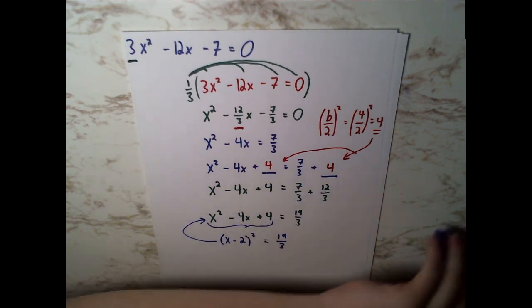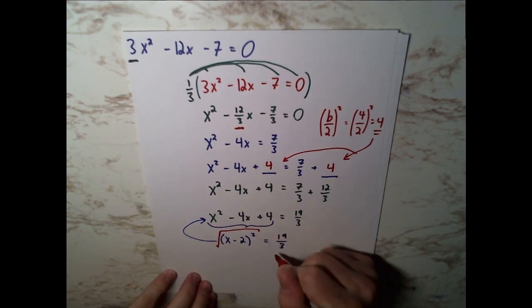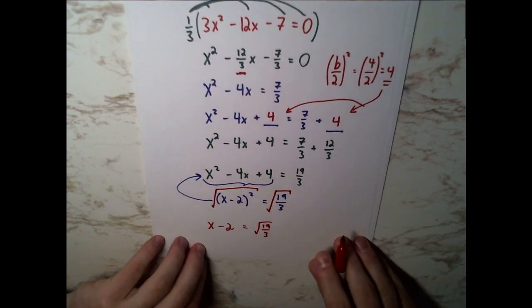So the last thing that we want to do is take the square root of both sides. So we're going to do that, and we're left with x minus 2 equals the square root of 19 over 3, and we'll move our 2 over to the other side of the equation.